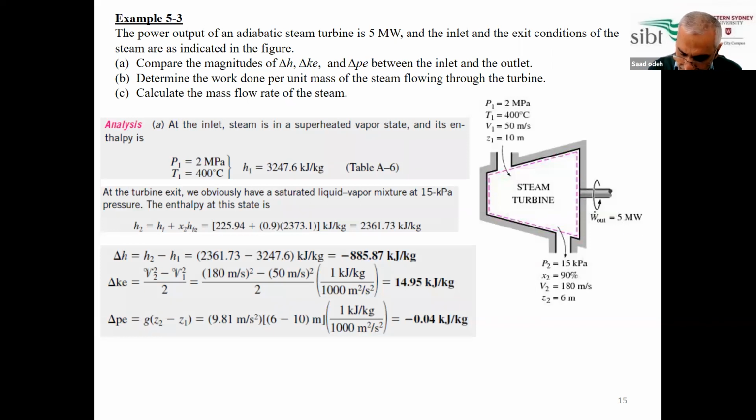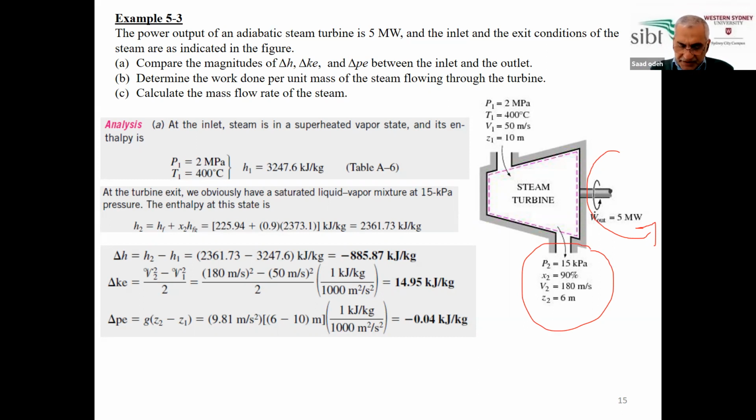So this shaft will be rotated under the effect of high pressure of the steam, and the energy of the high pressure and temperature steam will be converted to mechanical work here. And the remaining steam will leave at the exit, as you can see, at lower pressure and lower temperature.